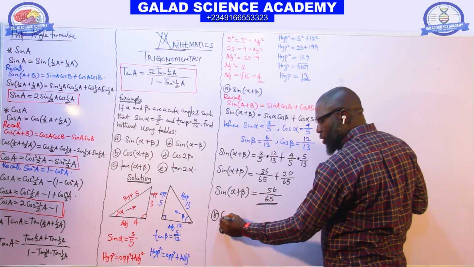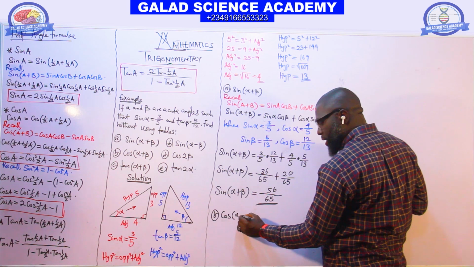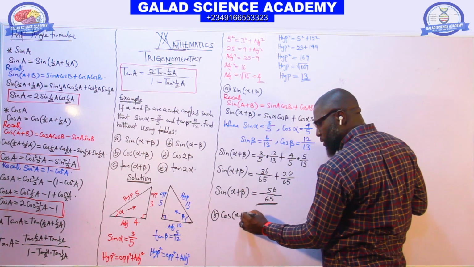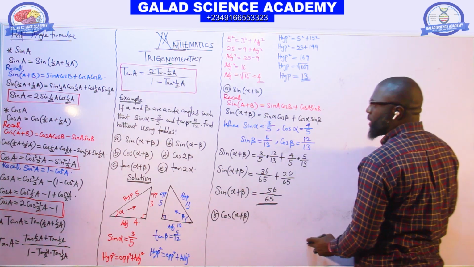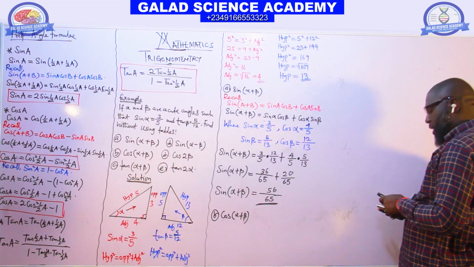B is cos alpha plus cos beta. So it's the same scenario here.